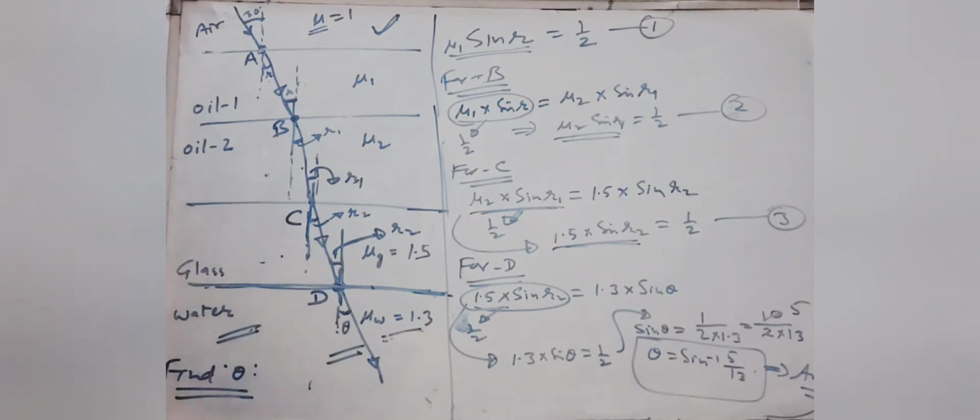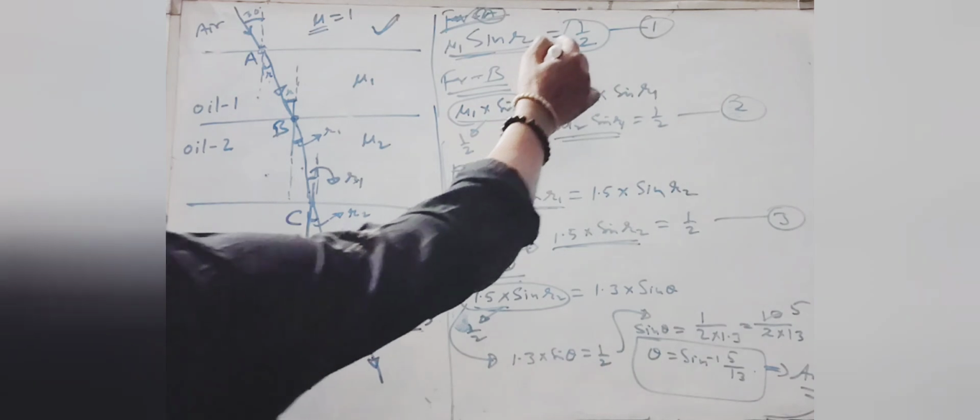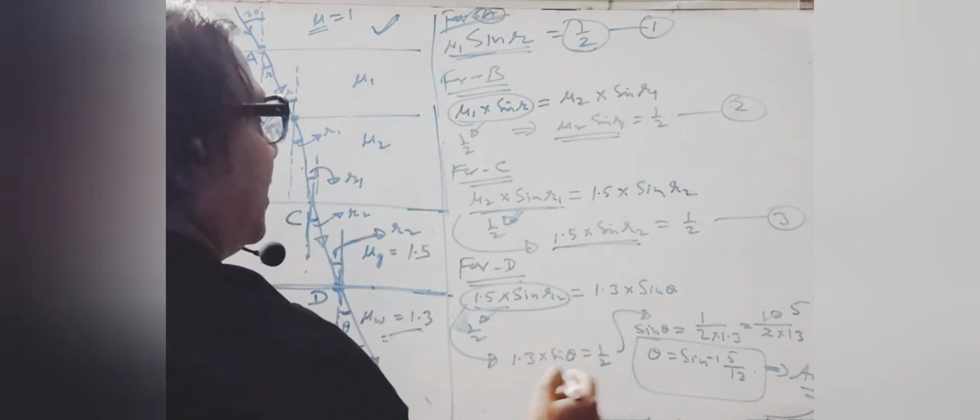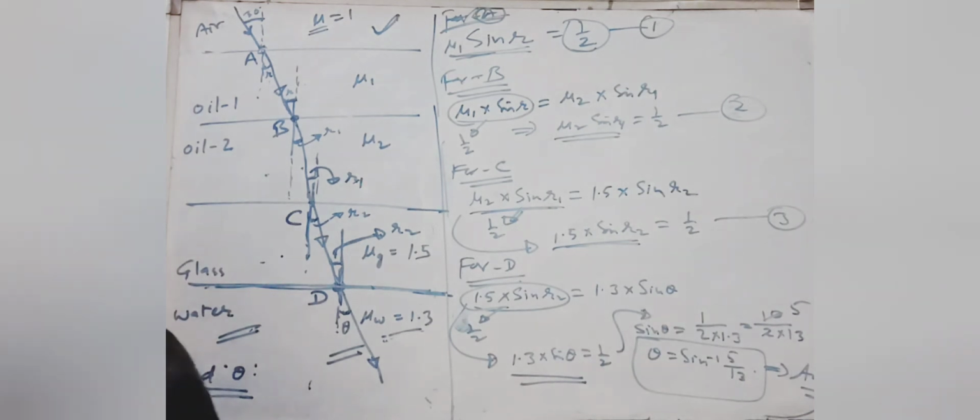Now you see one observation here. This equation first was for point A. From A, 1 by 2 was coming, and this 1 by 2 is equal to mu1 sine R for D, that is the water medium, equal to 1 by 2.